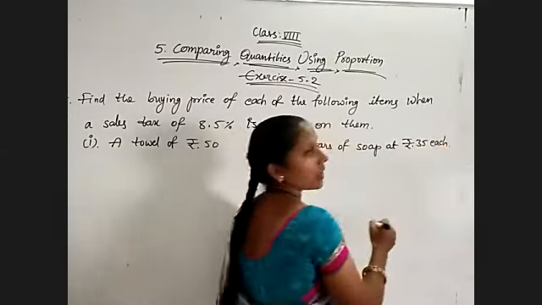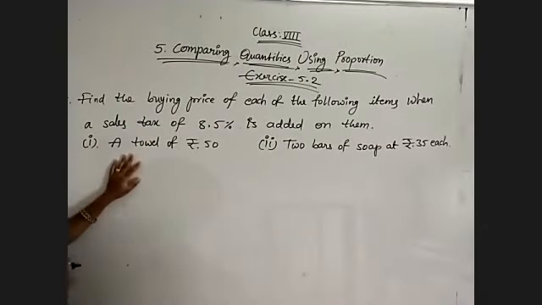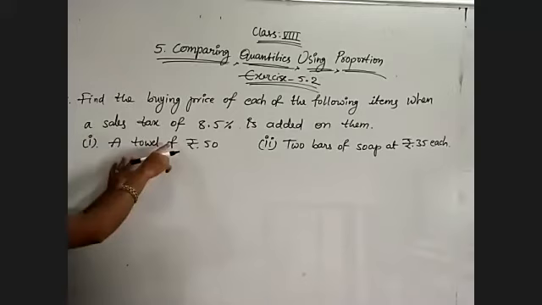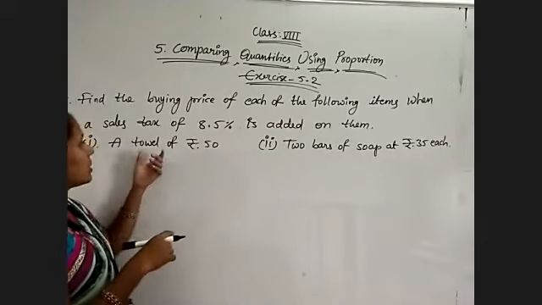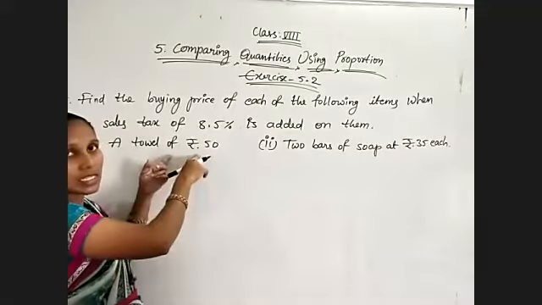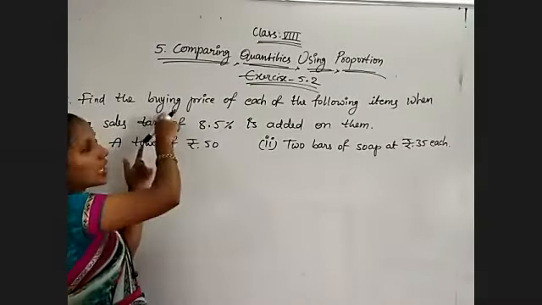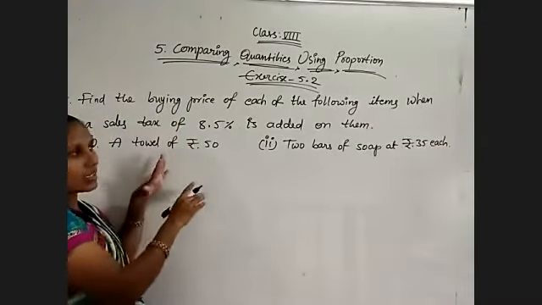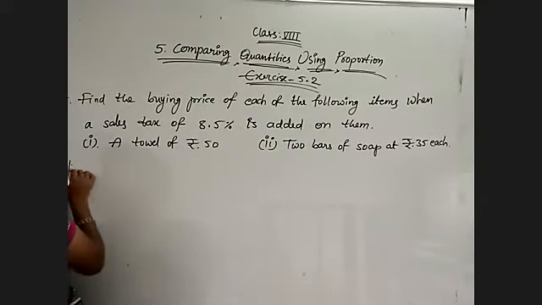Okay, now observe the given question first. Find the buying price of each of the following items when the sales tax of 8.5% is added on them. Means towel cost is 50 rupees. Means already here sales tax also added. Means this is bill amount. What is the original amount we have to find? Like yesterday's problem only. So once again revise what we discussed yesterday.